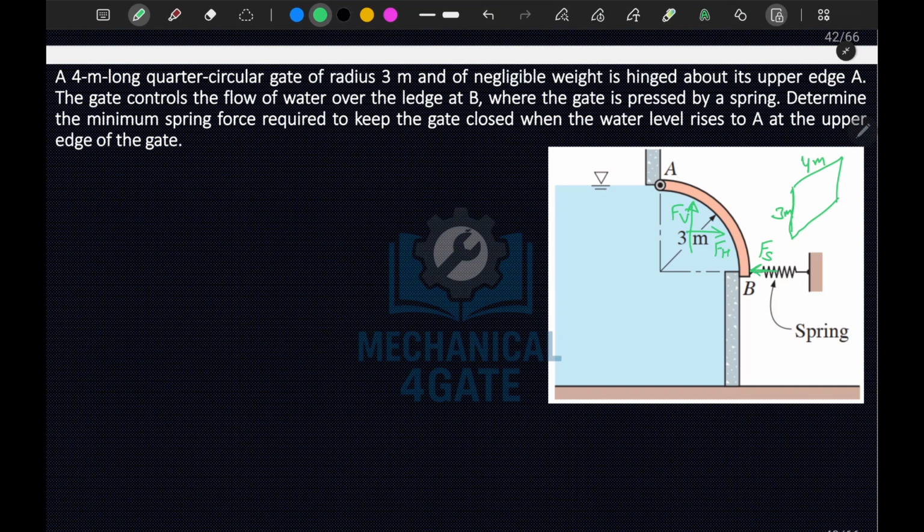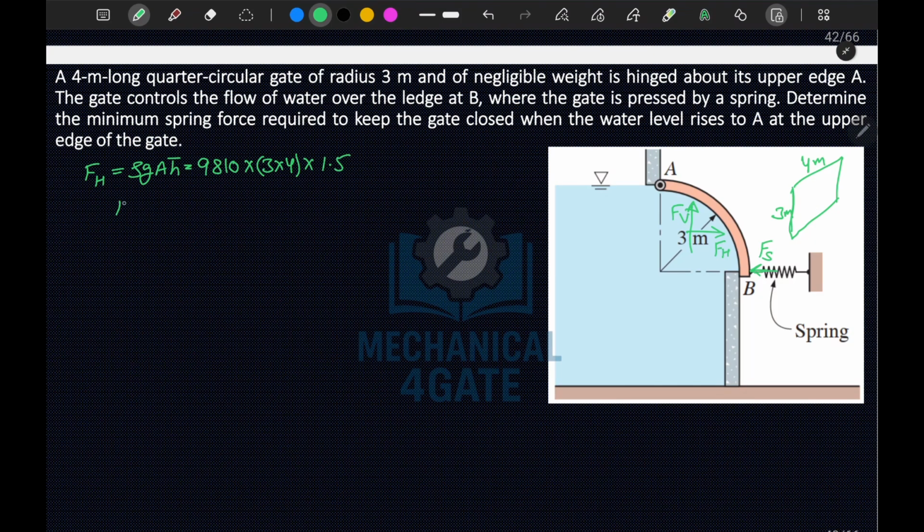So we can write the Fh value, that is the horizontal force. Fh is equal to rho g A h bar, which is equal to 9810 into A, which is 3 into 4 meters, into x bar, which is 1.5 meter.